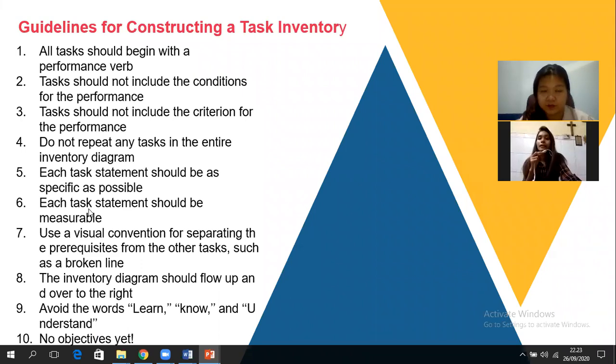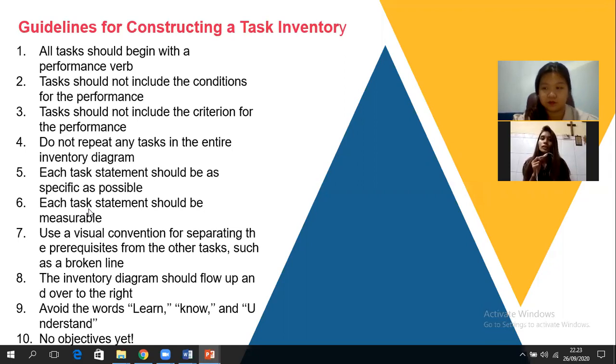So these are the guidelines for constructing a task inventory. The first guideline is that all tasks should begin with a performance verb. Second, tasks should not include the condition for the performance. The third, tasks should not include the criterion for the performance.